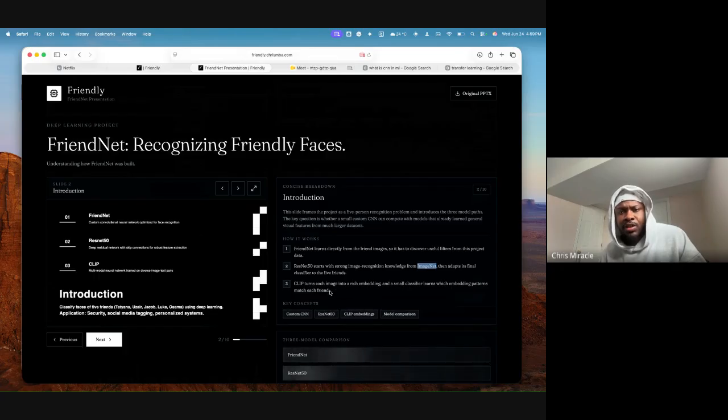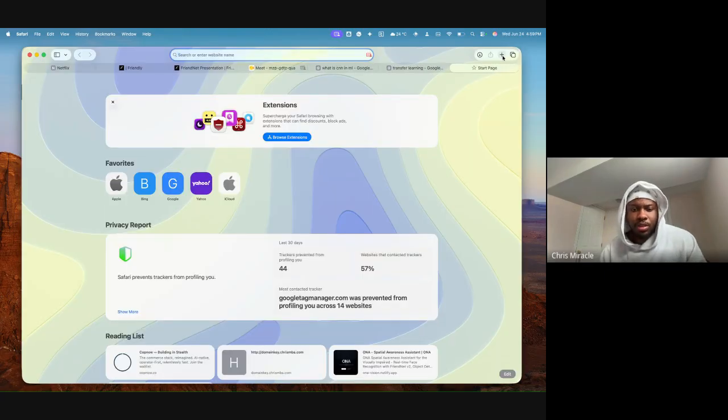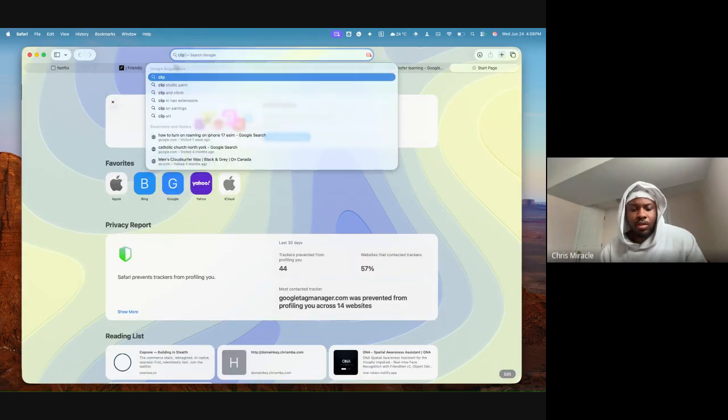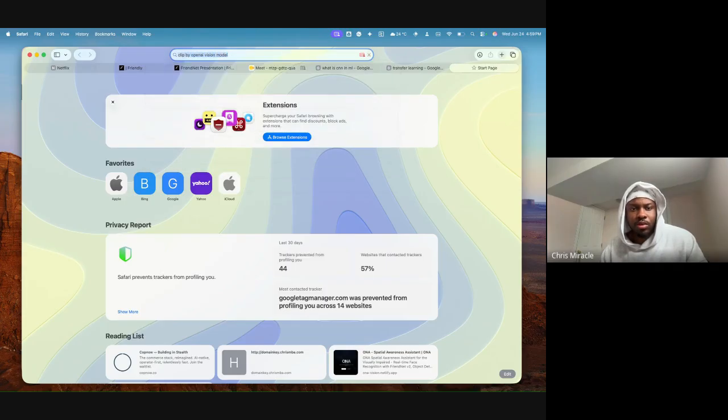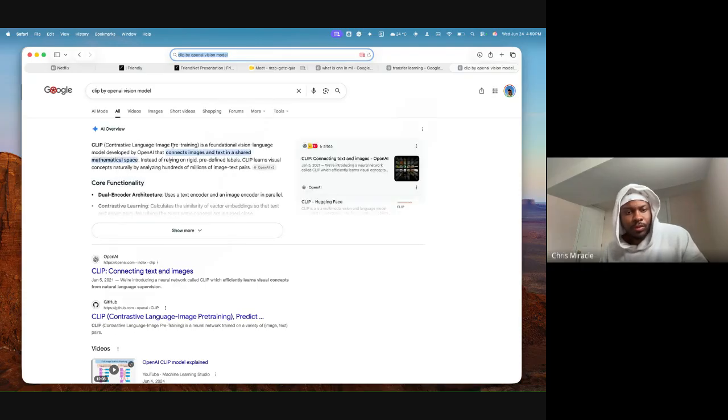I think CLIP is a vision model. Let's confirm that. CLIP by OpenAI: Contrastive Language-Image Pretraining is a foundational vision-language model developed by OpenAI that connects images and text.